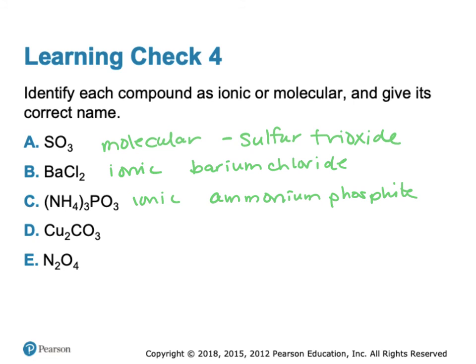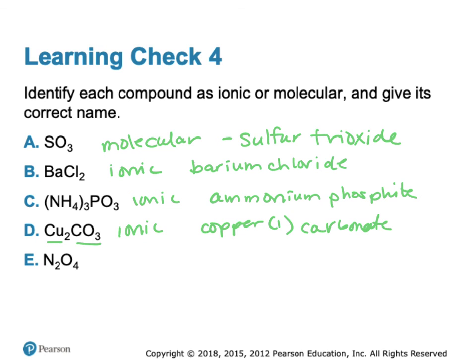D is also an ionic compound. We have a metal and a polyatomic. Now, here we have copper, but copper is a transition metal. We have copper carbonate. The charge on carbonate is always 2-, so this is copper(I) carbonate.